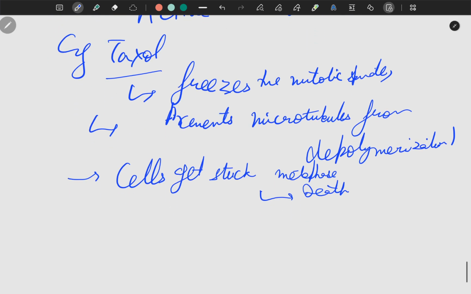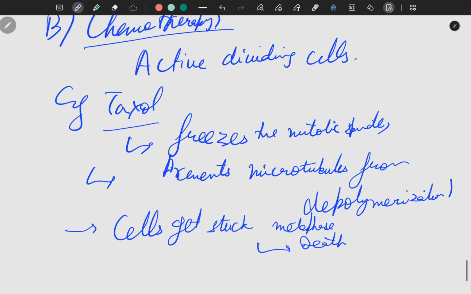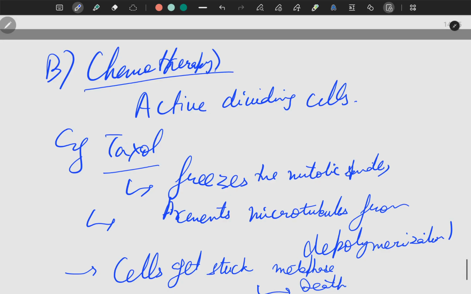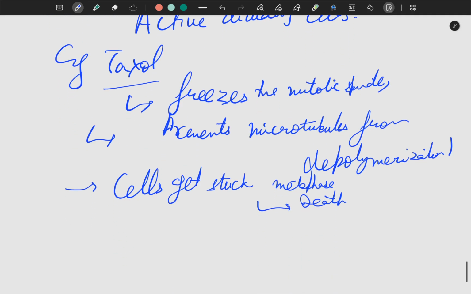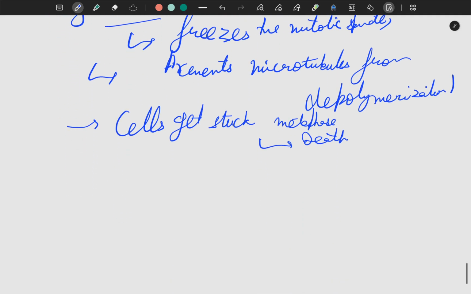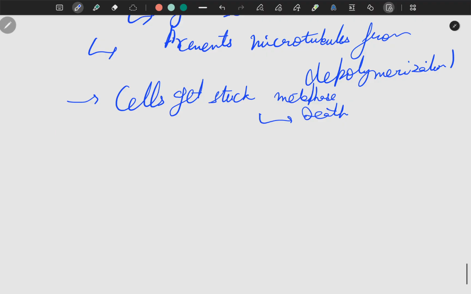But this process is very harmful. Chemotherapy is harmful and expensive. Why? It has side effects, as you know, because chemotherapy attacks all the fast dividing cells.